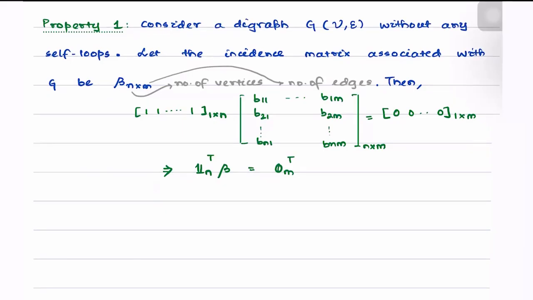So we can quickly write up the reason for this as well. This holds because every column of B has only 2 non-zero entries.